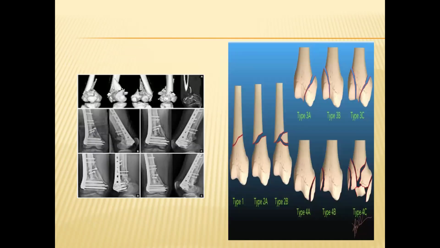Type 3A, when there is lateral involvement of the condyle, epicondyle. Type 3B, when there is medial involvement of the epicondyle, and type 3C, when there is involvement of both epicondyles. Type 4, when there is involvement of the condyles, and they also involve the joint surface.